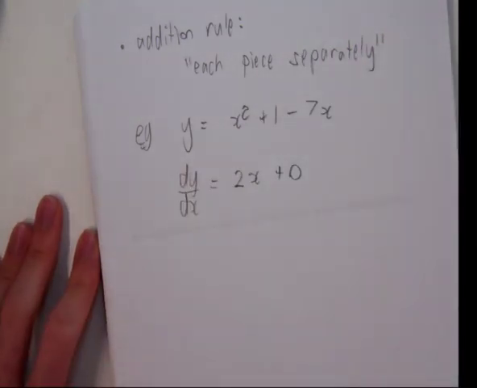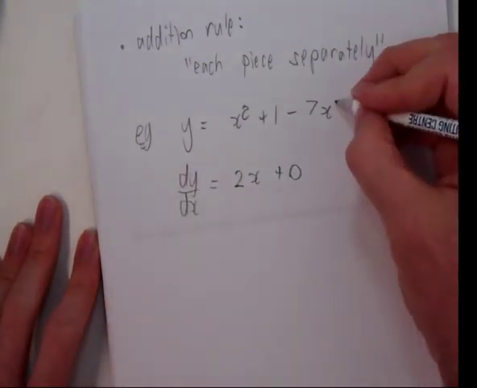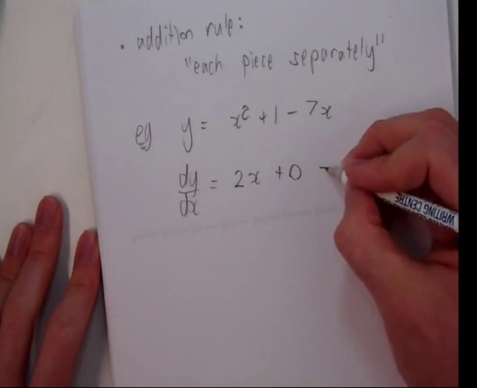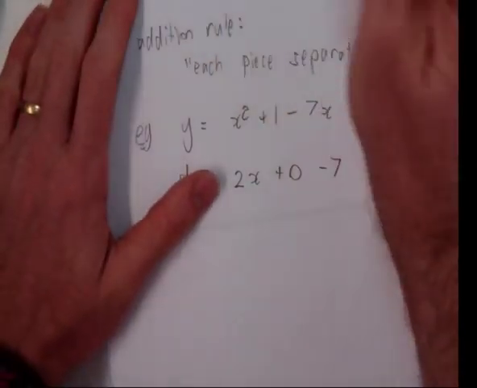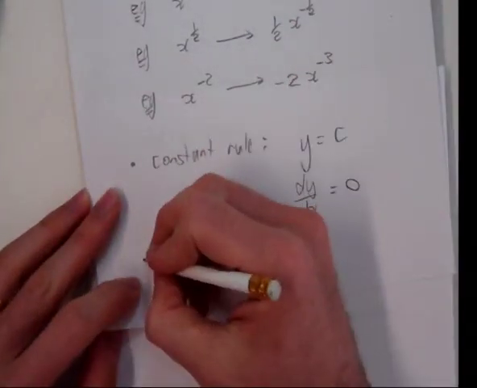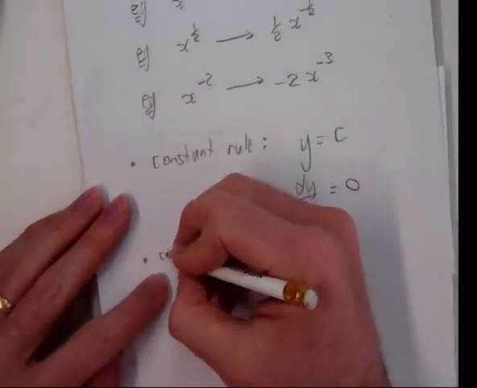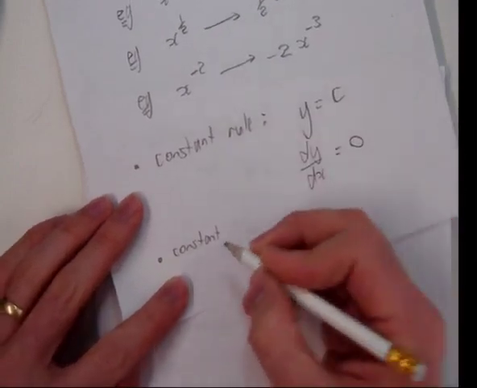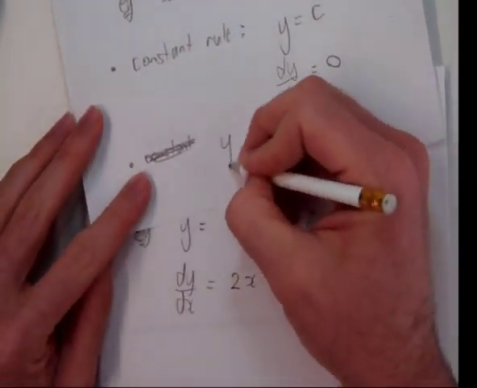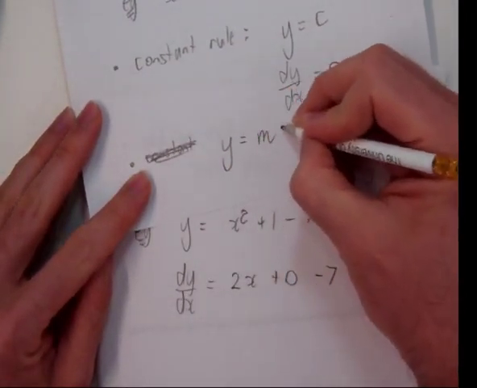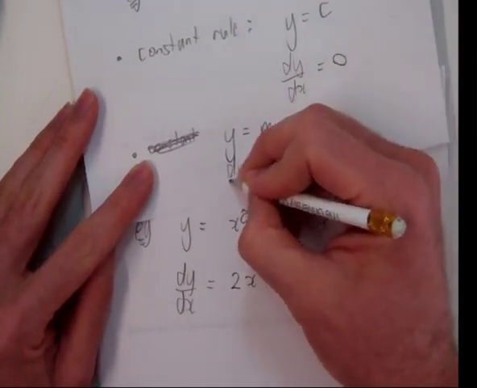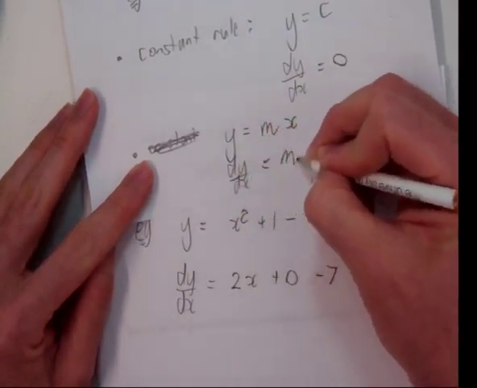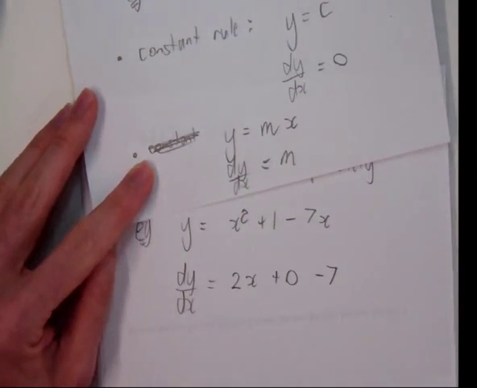I really should have said this as a separate rule, but this power is 1, so it will go down to 0. Can I add just before this? I don't even know what this rule is called, but if you see y equals some number times x, then dy on dx is just the number next to the x.